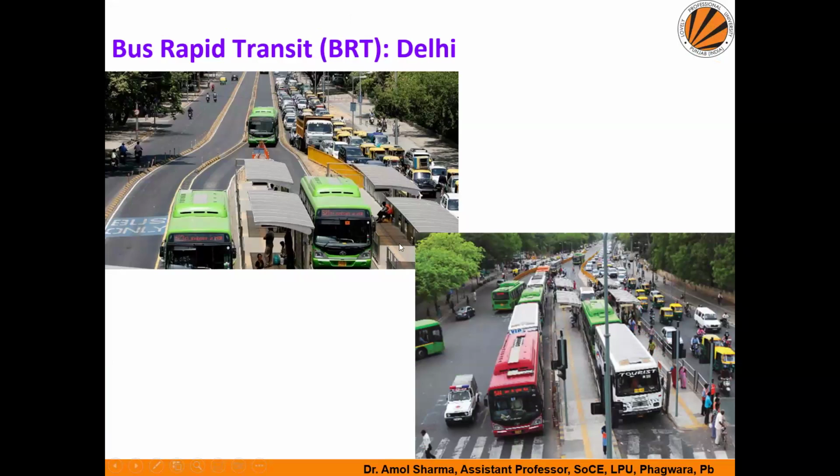Due to this, it resulted in excessive traffic jams in other lanes of that same road. As you can see in this picture, the BRT lanes were empty or occupied by buses, but the other lanes in which people were traveling got over congested due to the decrease in the width of the road. Due to this factor, as well as some other factors, the Delhi BRT system is not considered to be very successful.